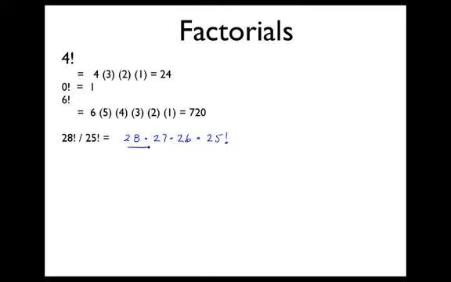And if we divide by 25 factorial, what happens? Gone, right? That's 1. And you're left with 28 times 27 times 26. Does it make sense? This is what comes up in factorials all the time, and you have to have this correct mental image of what's happening.